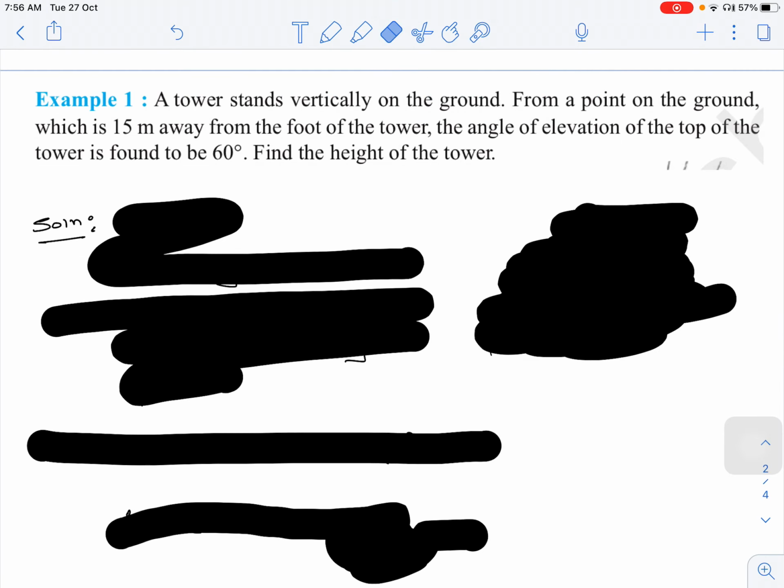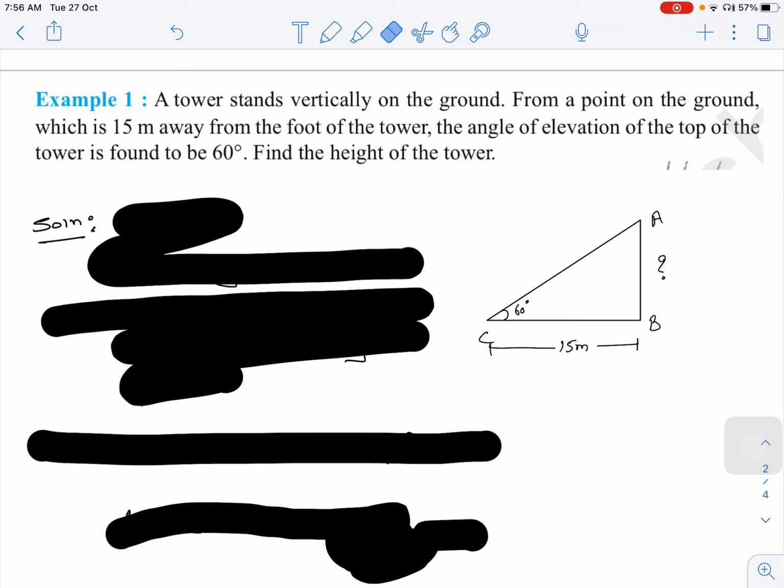So here we have an example. It is given that a tower stands vertically on the ground. First let us consider the figure. Let AB be a tower which is standing vertically on the ground, and BC is the ground. If it is standing vertically, this angle will be 90 degrees.